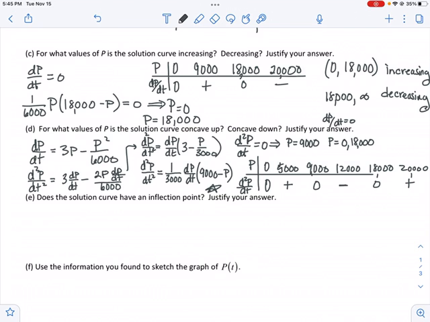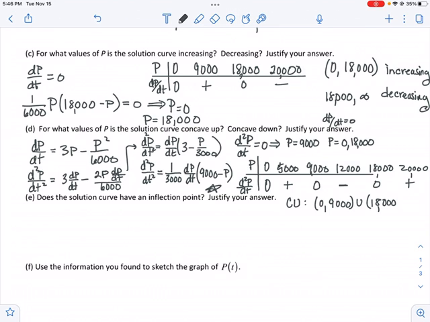So if you look at it, it's going to be concave up then. I'm going to use CU for concave up and CD for concave down. So it looks like from 0 to 9,000, and then from 18,000 to infinity, that would be concave up.